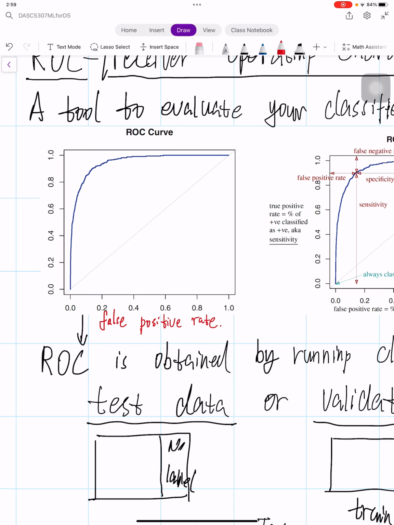On the vertical axis, this represents the true positive rate, which means the percentage of the true positive cases classified as positive. This is also called the sensitivity.